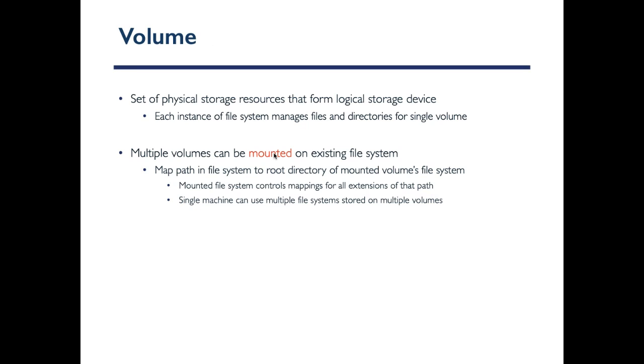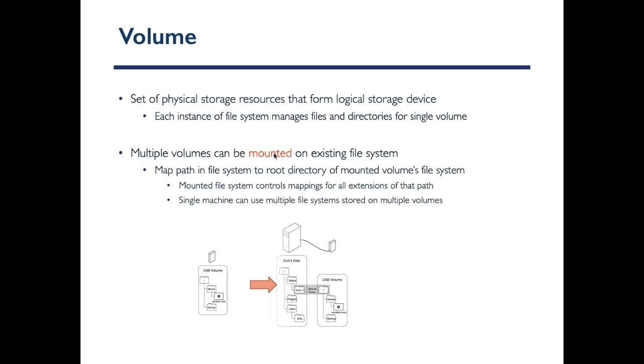You can mount this new volume to your existing file system, and what that does is basically map a path in your existing file system to the root directory of the new volume and its file system.